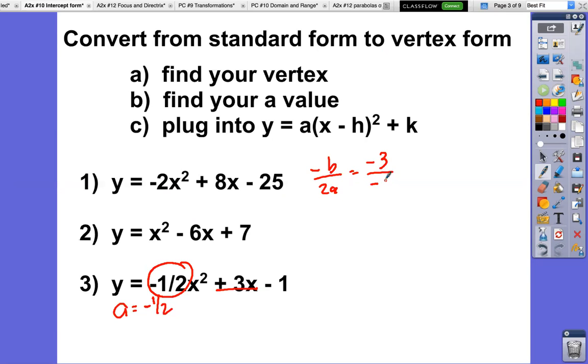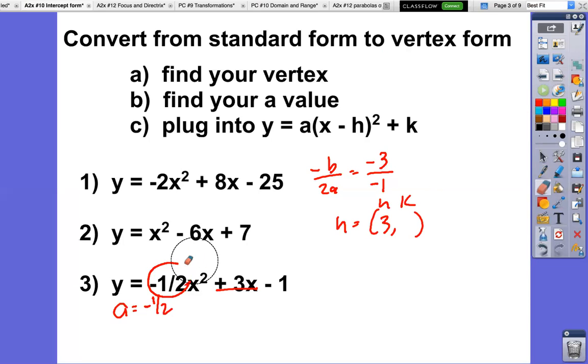Negative 1. Perfect. Again, if you're multiplying here, 2 times negative 1/2 is 2 times negative 1, which is negative 2, divided by 2 is negative 1. So I find out right away, negative 3 over negative 1, my h value is 3. K value, plug it back in.